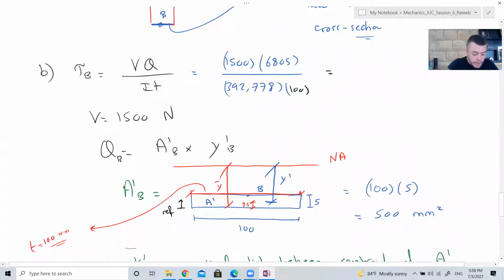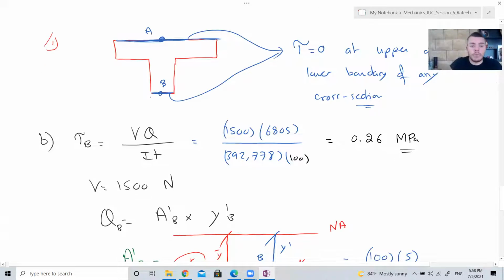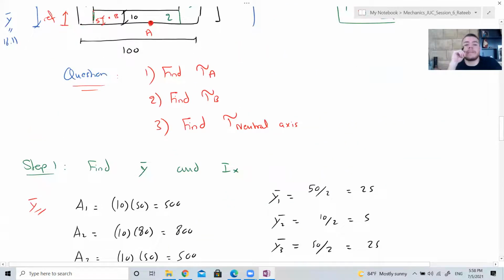And now you can find the shear stress at the point B. Is it clear? Yes, it comes out to 0.26 megapascal. So the shear stress at point B in the exercise is equal to 0.26 megapascal.